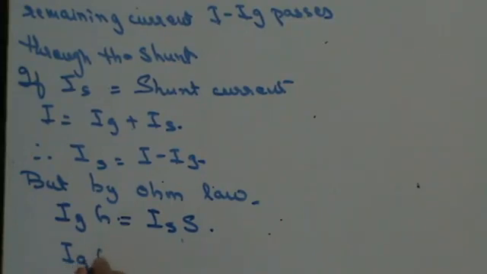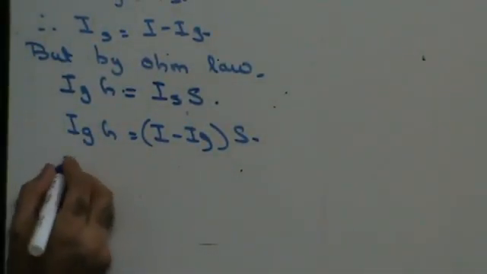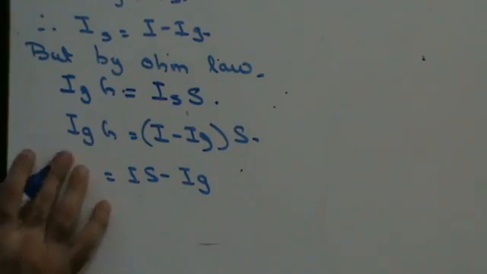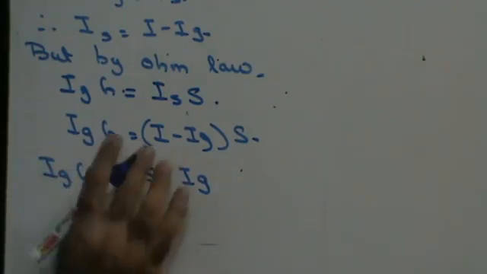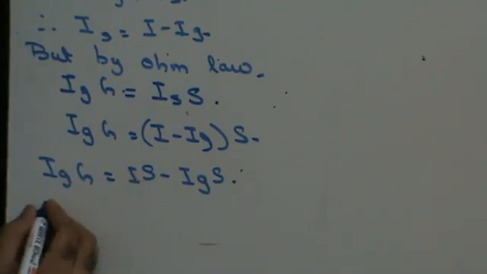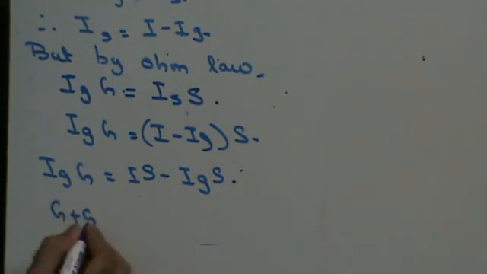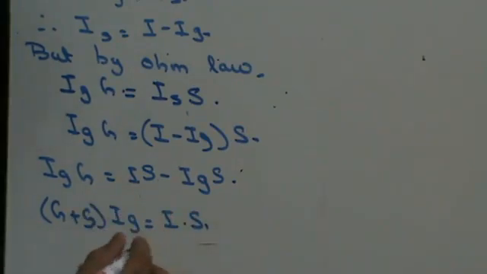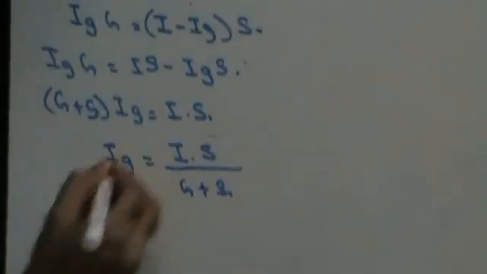Ig into G equals Is, which can be written as I minus Ig, into S. Take Ig to the other side, so I get G plus S into Ig is I into S, in which case the galvanometer current is Ig equals I into S upon G plus S.